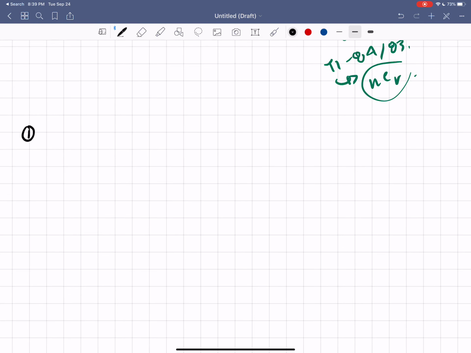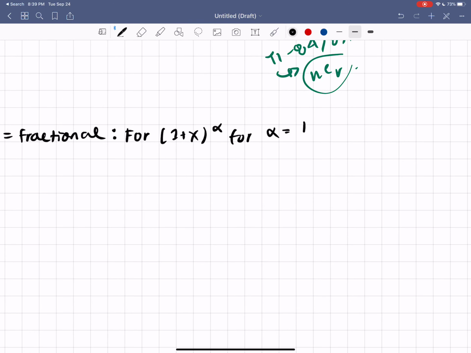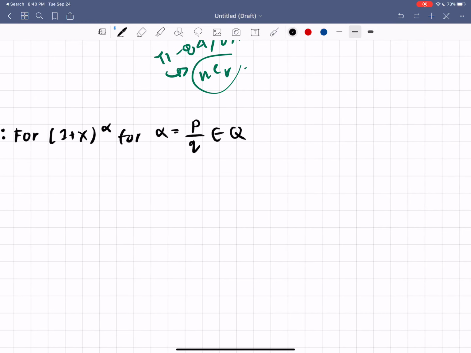So let's suppose our power n was fractional. Okay? So for (1 plus x) to the alpha, for alpha equal to p over q, which belongs to the set of all real numbers, right?